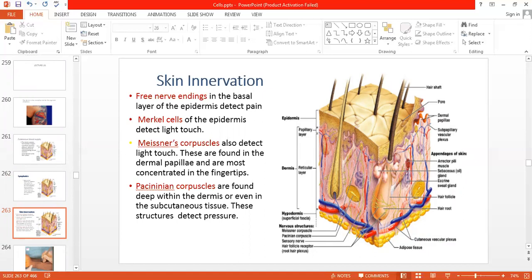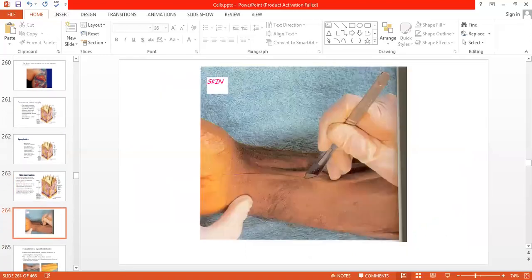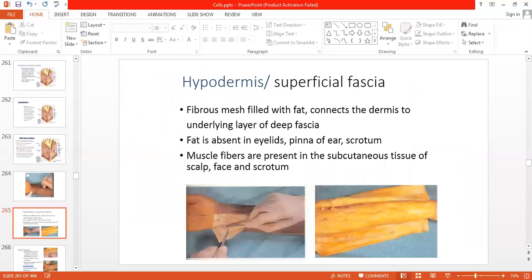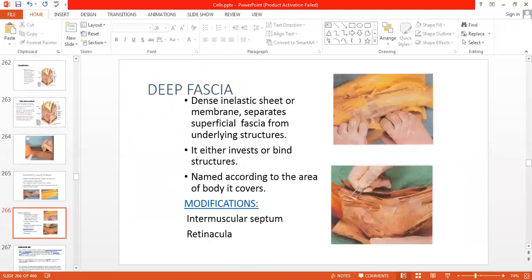We discussed the Pacinian corpuscles, which detect pressure. Then we talked about the hypodermis and superficial fascia, and the deep fascia.